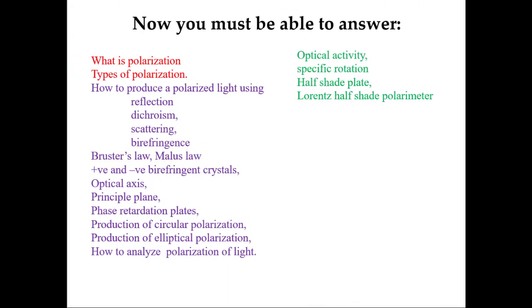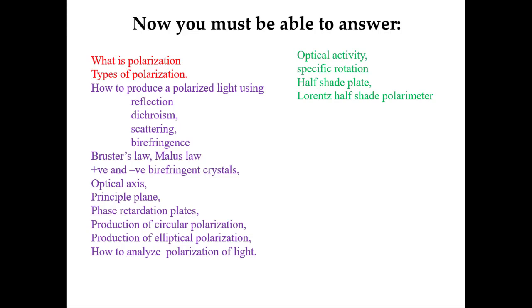At this point, you must be able to define polarization, different types of polarization, and the procedures by which polarized light can be produced, in which polarization by reflection, dichroism, scattering, and birefringence must be explained.